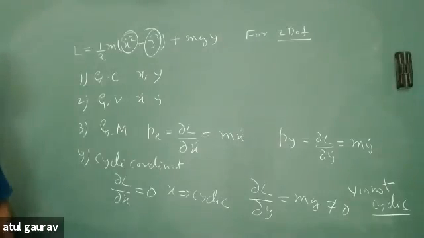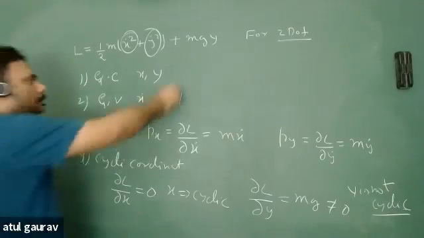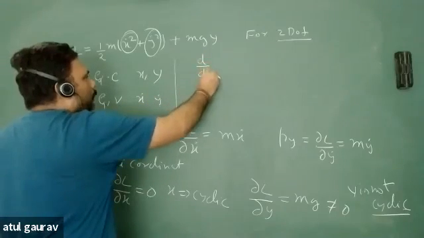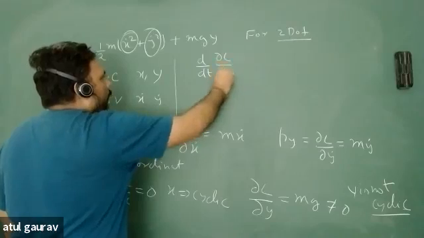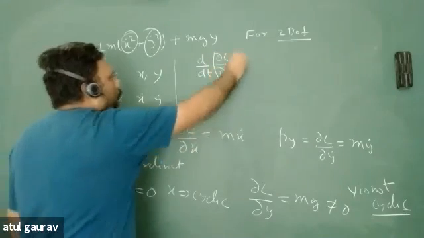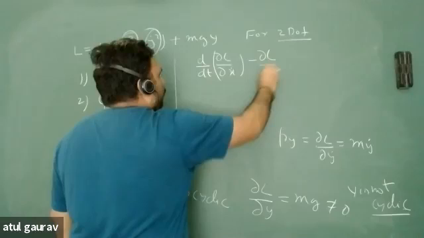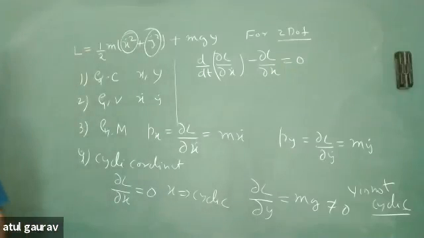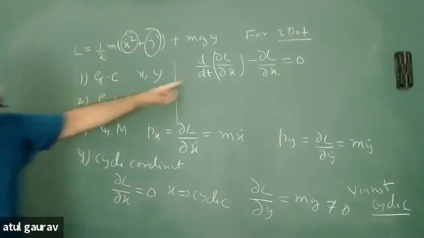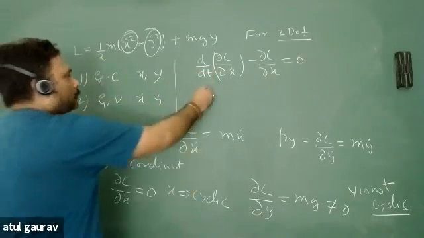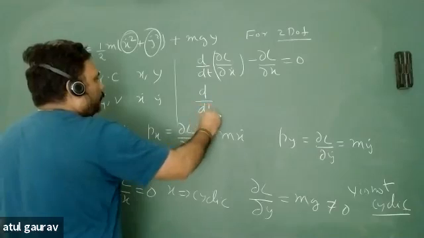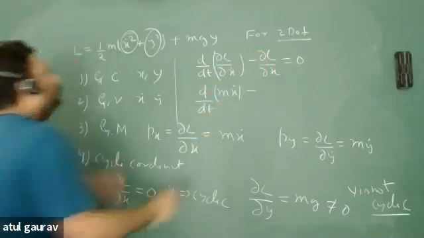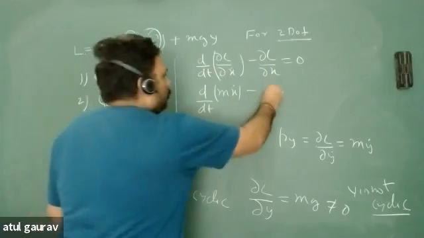Now let's go for the equation of motion. The first equation of motion will be d upon dt del L upon del x dot minus del L upon del x is equal to 0. What is del L upon del x dot? This is d upon dt of m x dot, minus del L upon del x, which is 0.